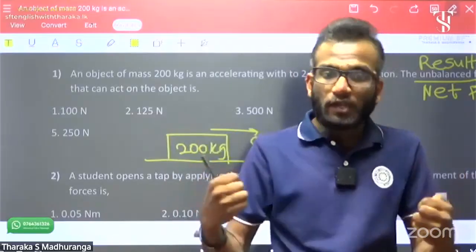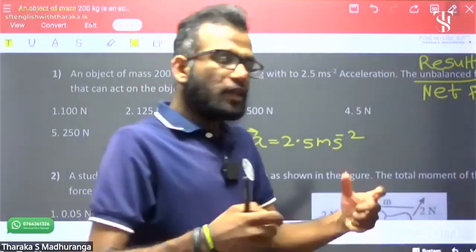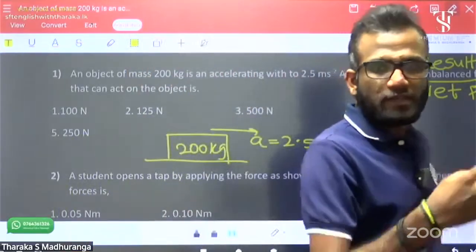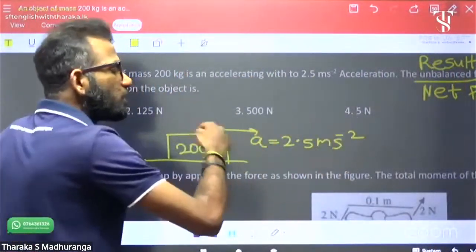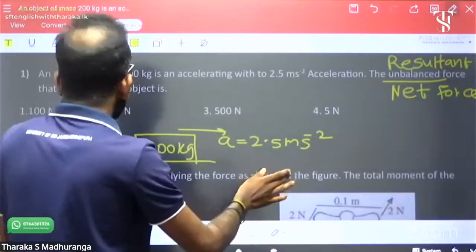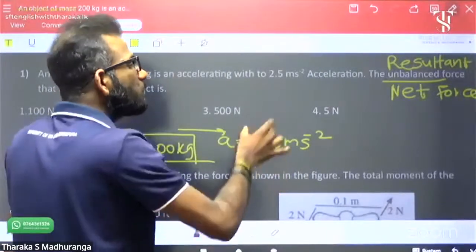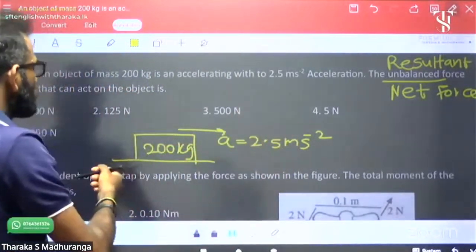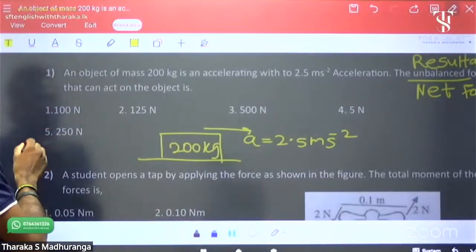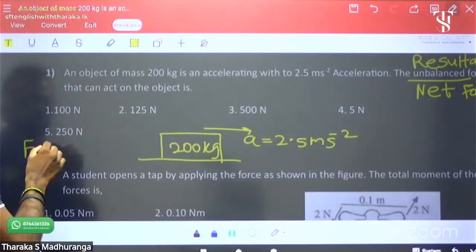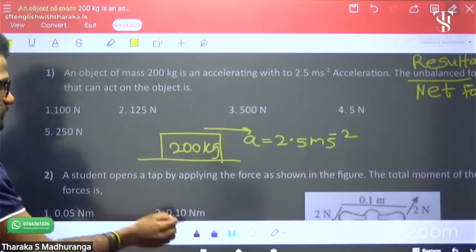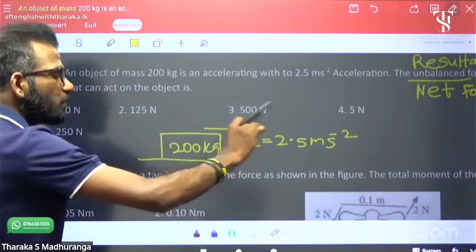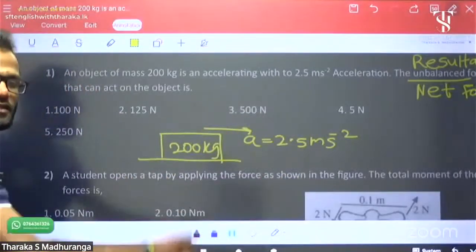Newton's second law explains that if any object is unbalanced, it is accelerating. Just now this object was accelerating.